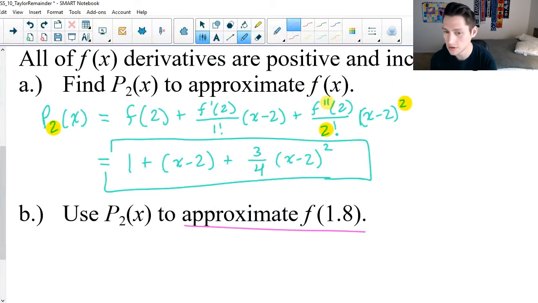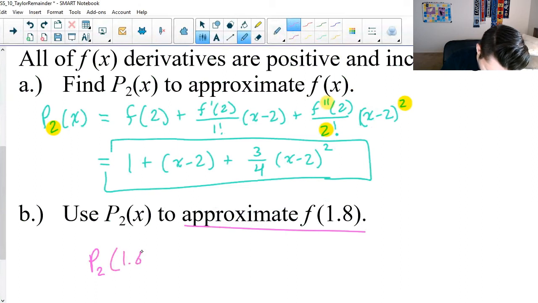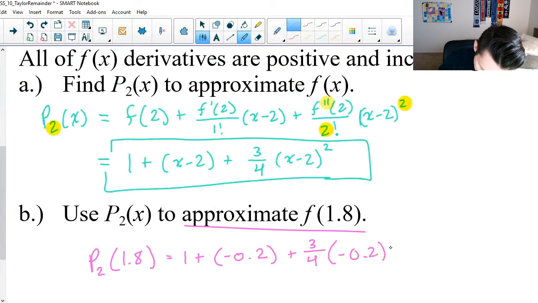So we just take our polynomial and plug in 1.8. Okay, 1.8 minus 2, so that's negative 0.2, plus 3/4 times 1.8 minus 2, negative 0.2 squared.